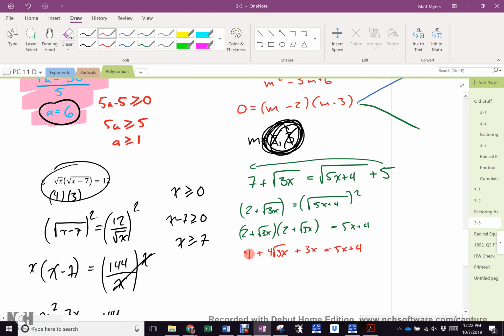Now, 4 equals 4. What do I get to do with them? Cancel. Right? Okay. So now I've got 4 root 3x equals 2x, yes? Do I have an isolated radical?